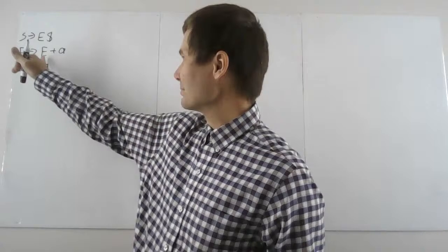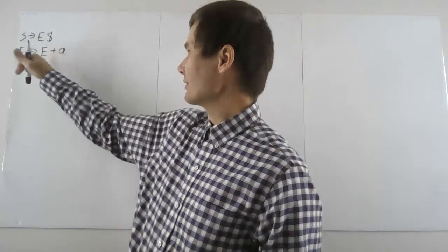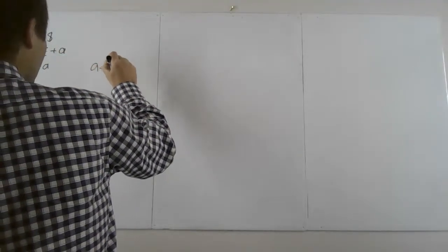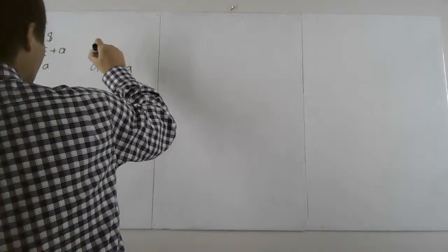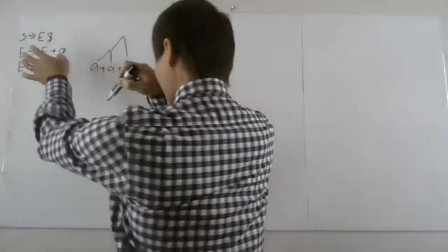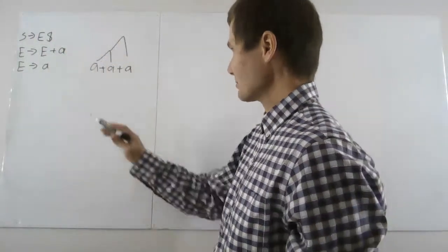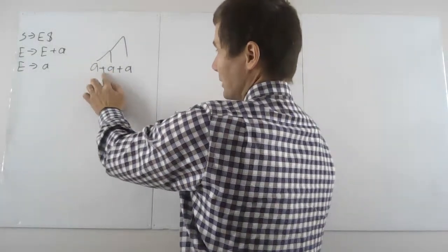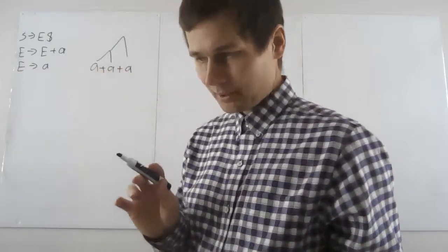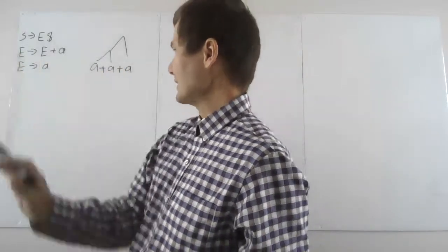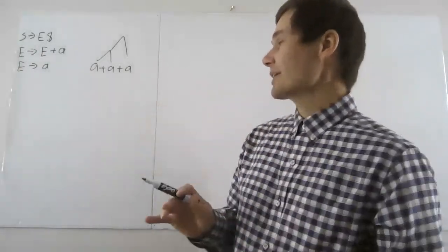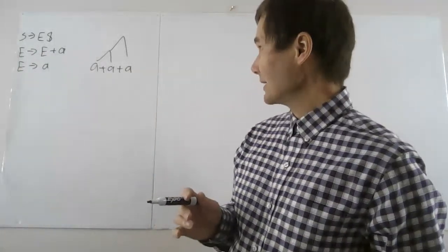And it will fail because it has this E on the left of a rule. And so if I had an expression like A plus A plus A, the shape of the tree that this grammar would give you for this expression looks like this, and it's left associative, right? So we do the plus on the left first before the plus on the right. And so the E here on the left of the right-hand side of a rule enforces that.